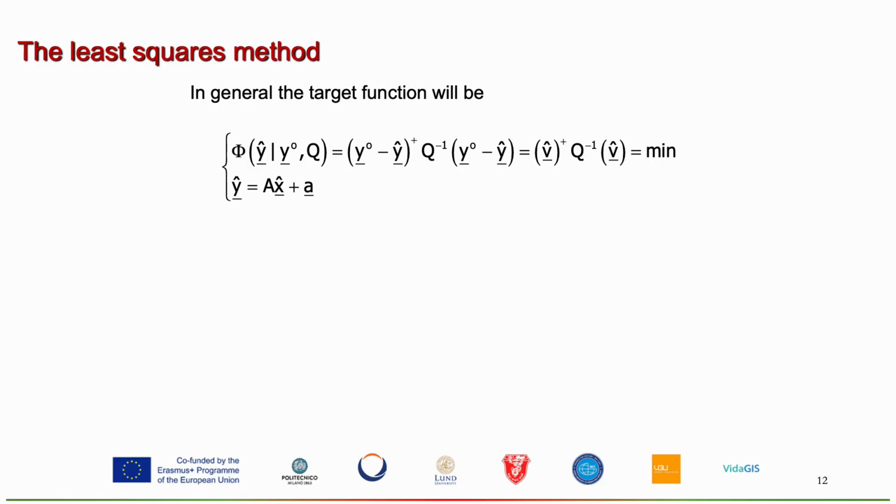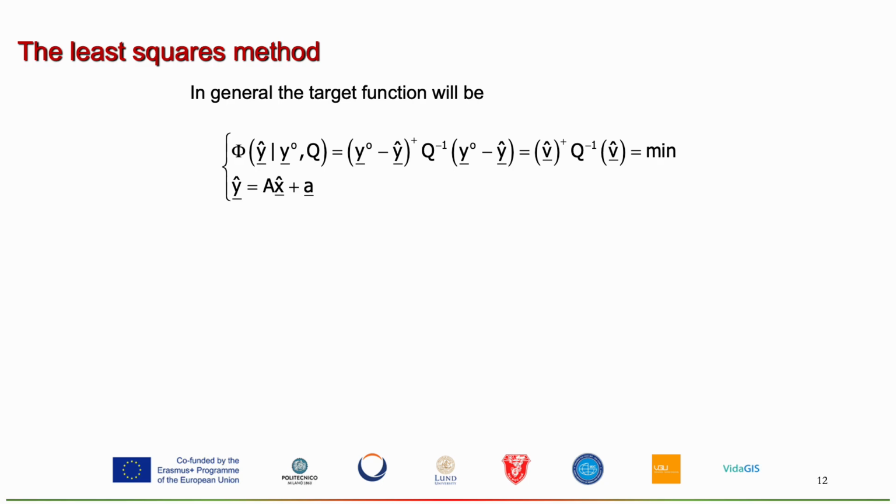More in general, the target function to be minimized is psi of w cap, given w0 and given capital Q, the cofactor matrix, and can be written in a quadratic way: (w0 minus w cap) transpose, multiplied by the inverse of Q, multiplied by (w0 minus w cap).